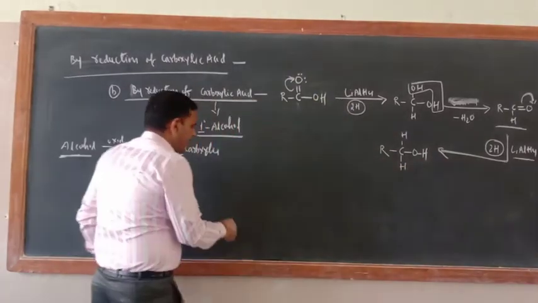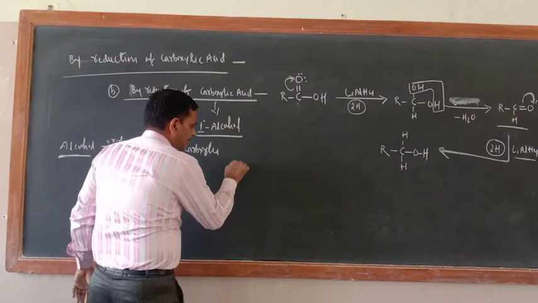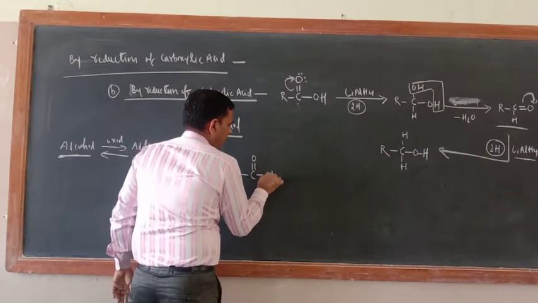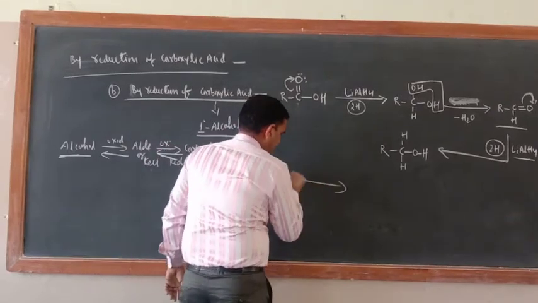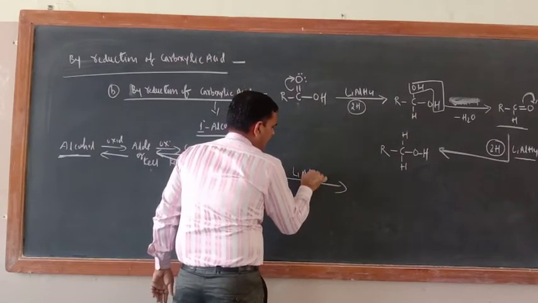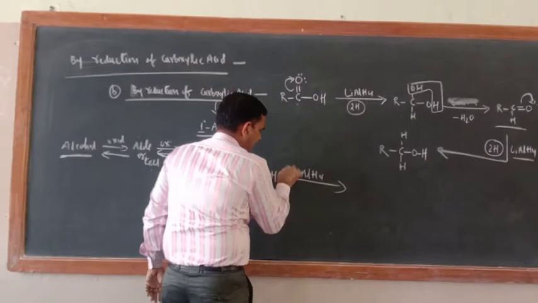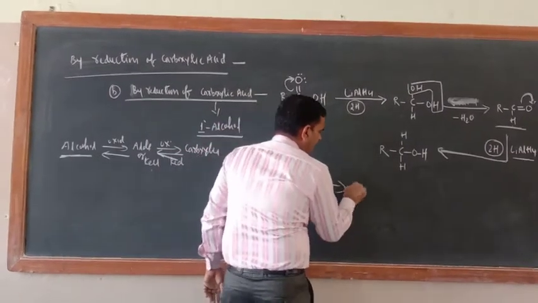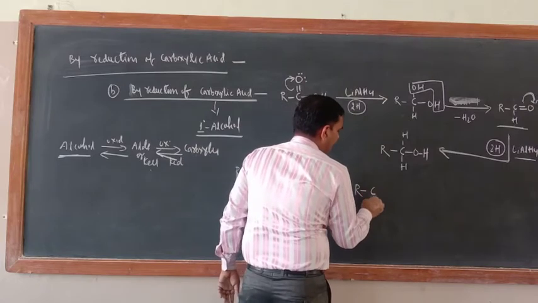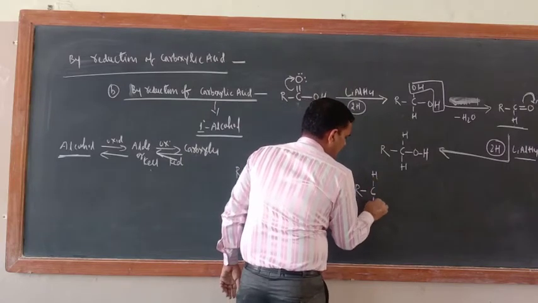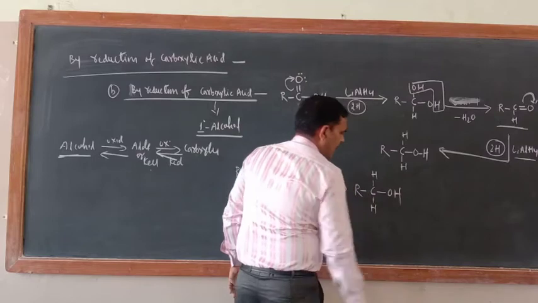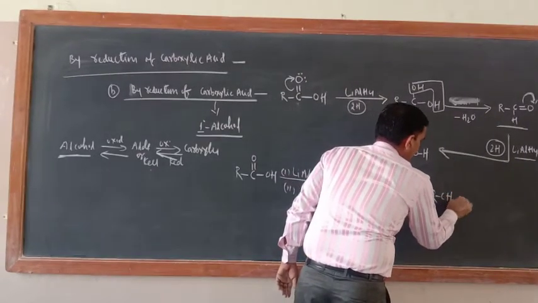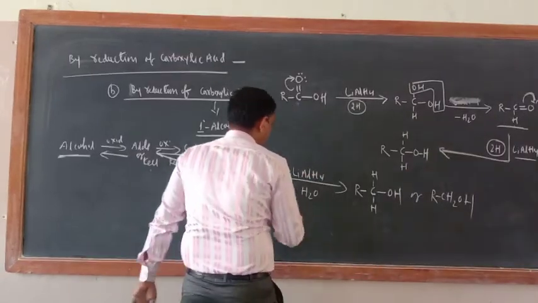But in the NCERT book, what have they written? They have written RCOOH, then lithium aluminium hydride first, and second H2O, and directly they wrote the product RCH2OH.